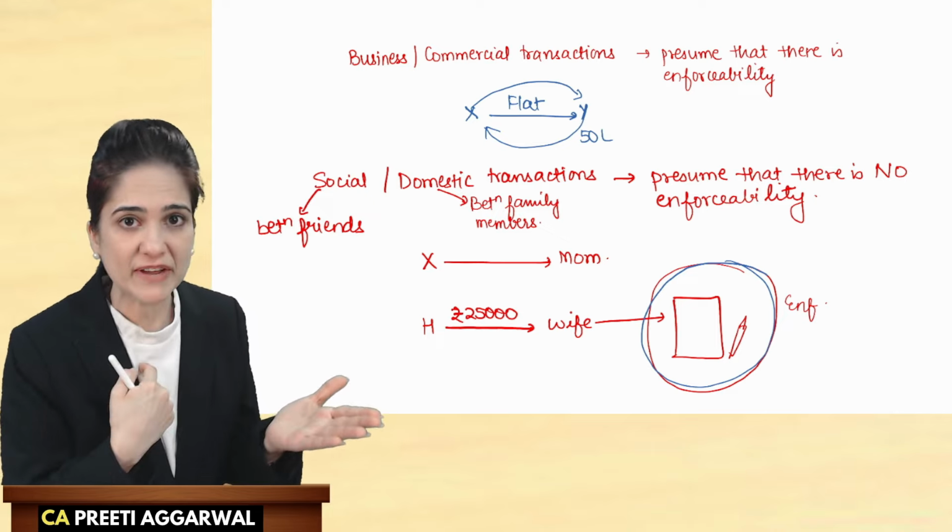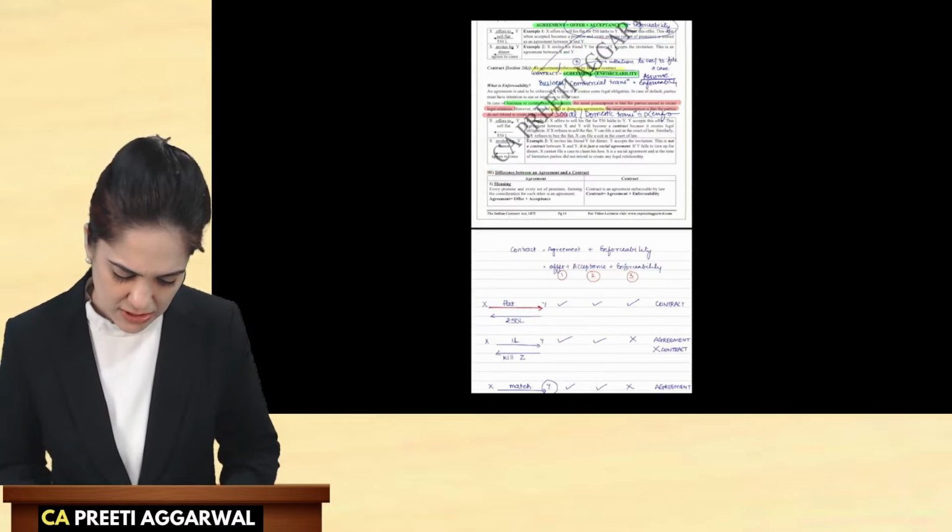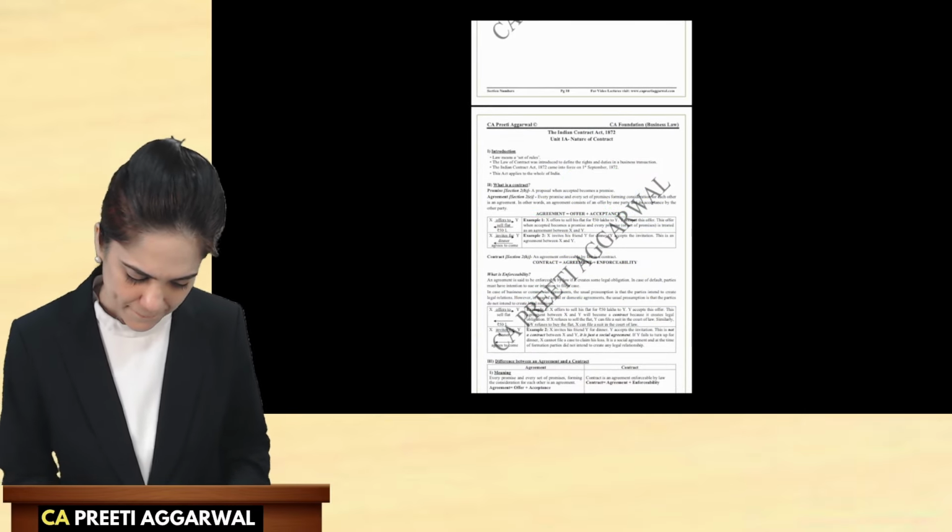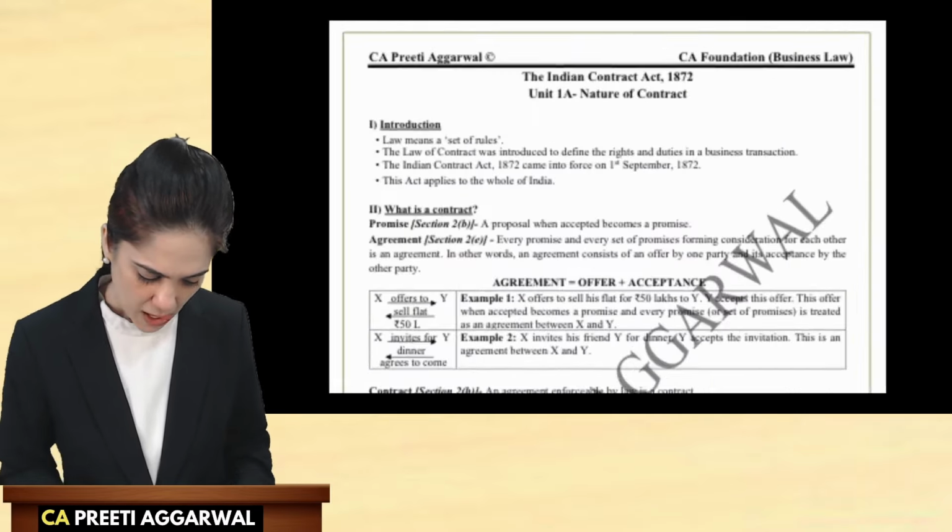In my next session, I will start the essential elements of a contract. But before that, I would like to read all this from the notes. Law is nothing but a set of rules.